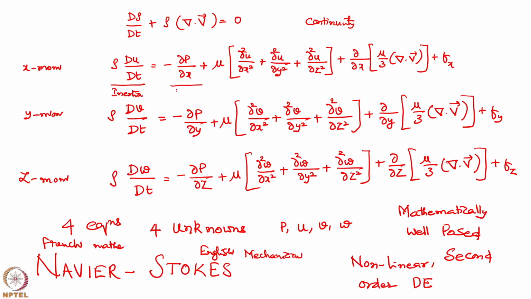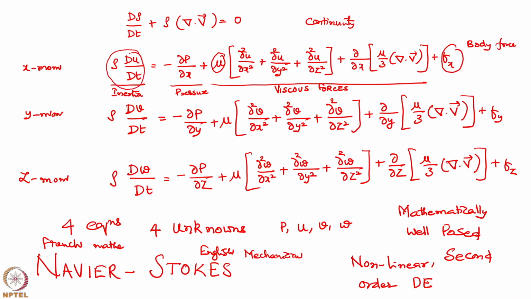This is because of the pressure force, and these are because of the viscous forces, by virtue of viscosity, okay, and this is the body force. So this is the physical significance of each of these terms. You should remember that this is the inertia force, mass into acceleration, this is the pressure force term, this is the viscous force, and this is the body force term.